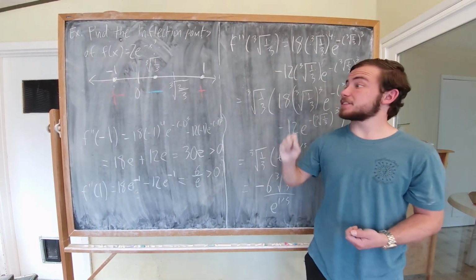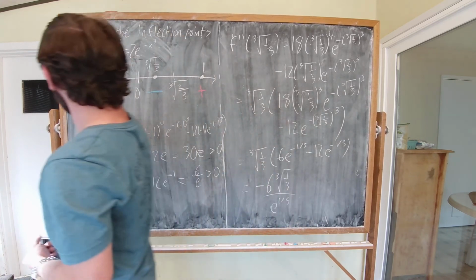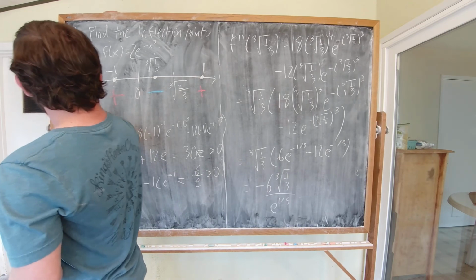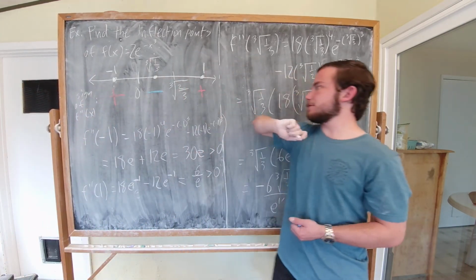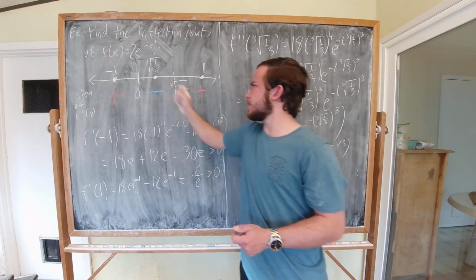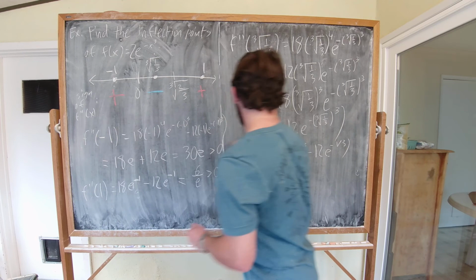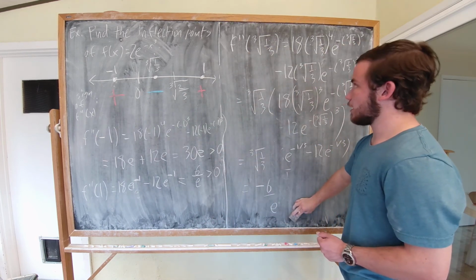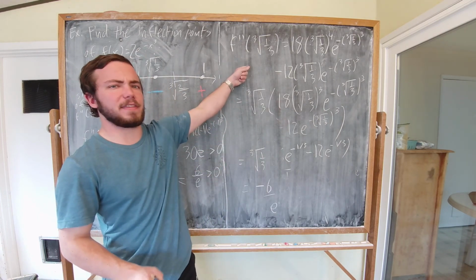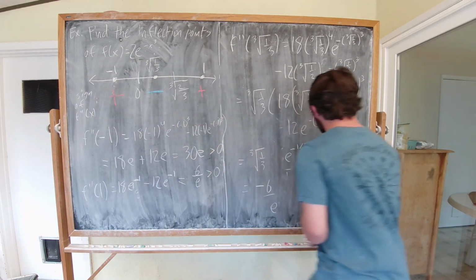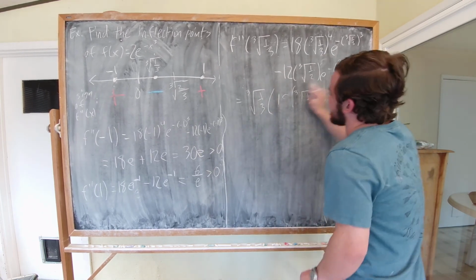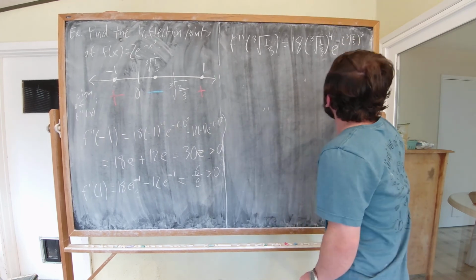So we see that the sign of the second derivative goes from positive to negative to positive again, which means that we have inflection points here and here. I'm going to erase this. Hopefully y'all got that. Basically all we did was we showed that this thing was less than 0. Yes, you could do that by plugging it into a calculator, but I don't own one.